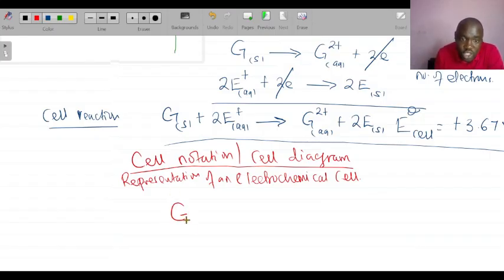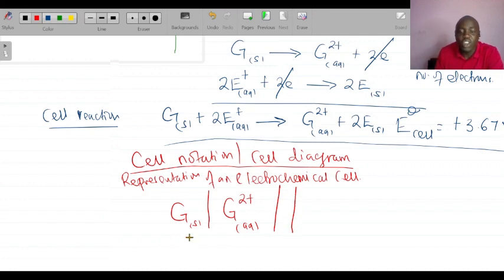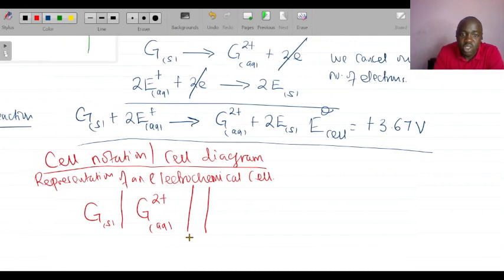So we start with G, a solid. In a half cell, we must separate the opposite charges. So G gets to G2 plus aqueous. That is our half cell. Then the two half cells are joined together by what we call a salt bridge.